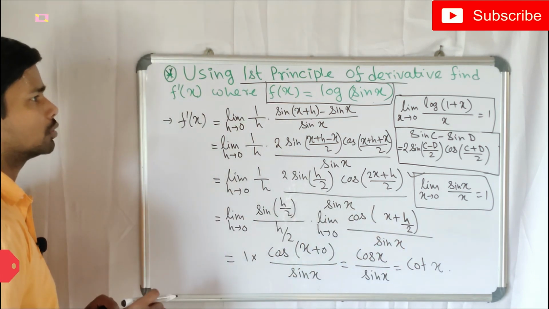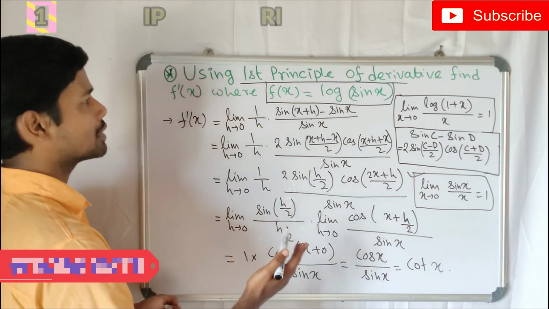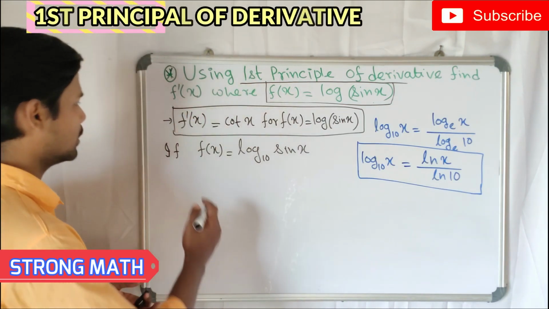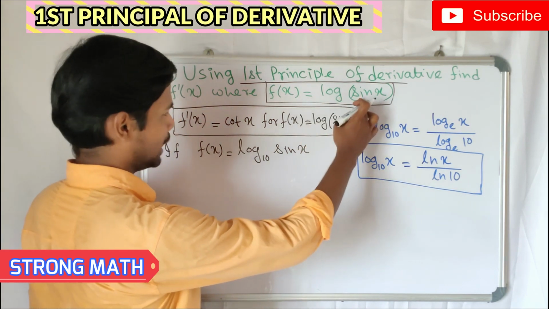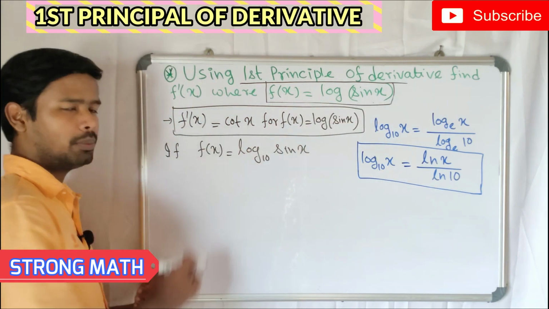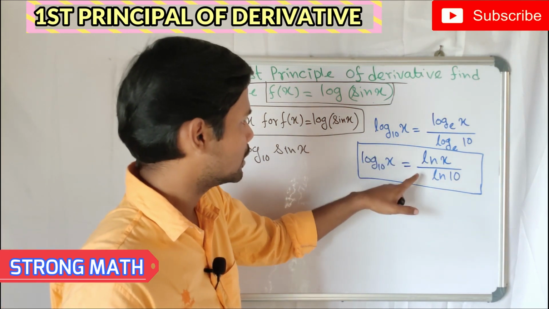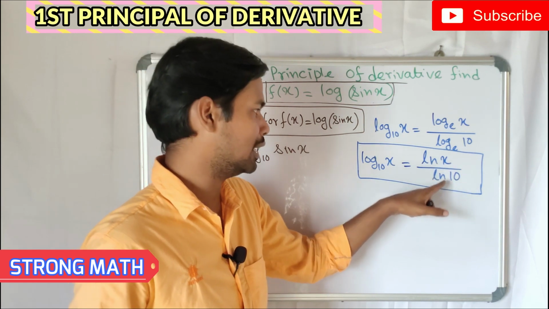Now what about the derivative of log base 10 of sin x? So now we have the result. If f(x) equals natural log sin x, then f dash x will be cot x, and we have log base 10 of x equals ln x by ln 10, natural log x by natural log 10.